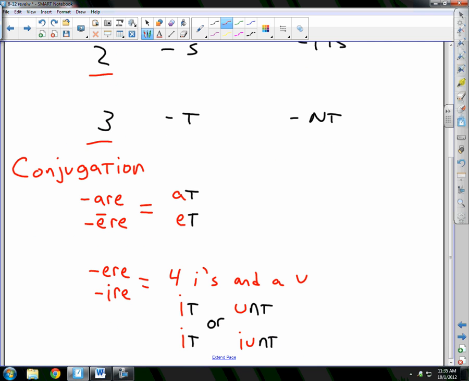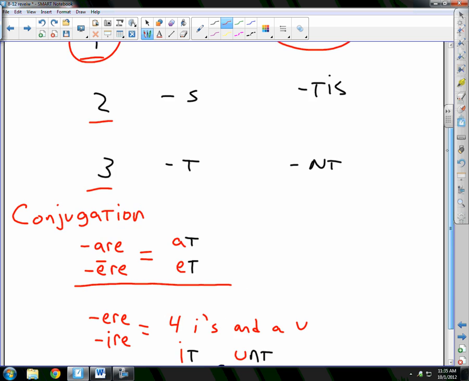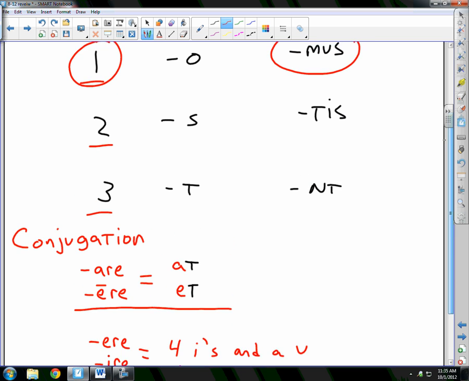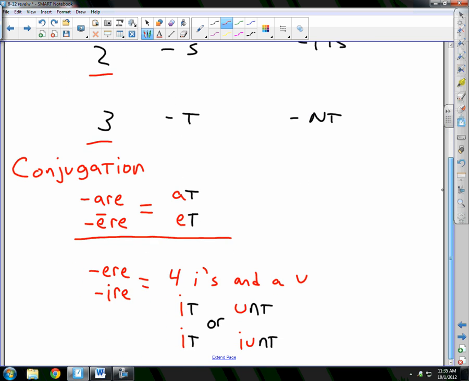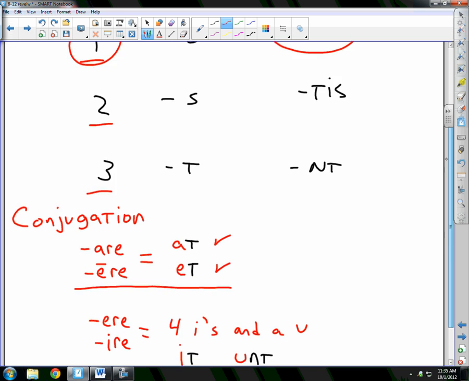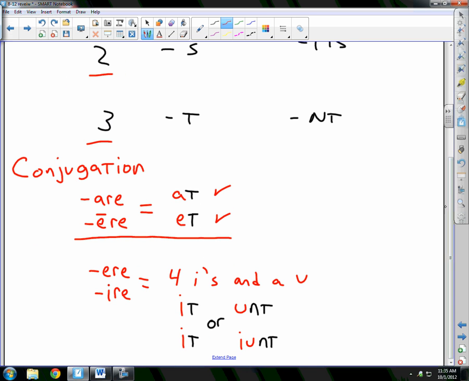If it's a first conjugation or a second conjugation, I'm just going to take the ending, the a or the e, and then add the ending that I need for the person. So it would be as, at, amus, atis, ant for the first conjugation. For the second conjugation, I would have es, et, emus, etis, and ent.